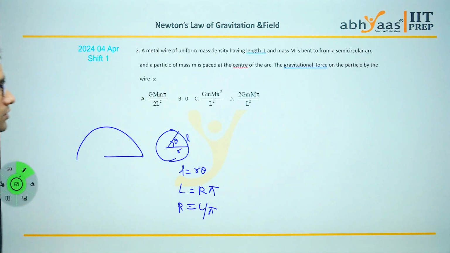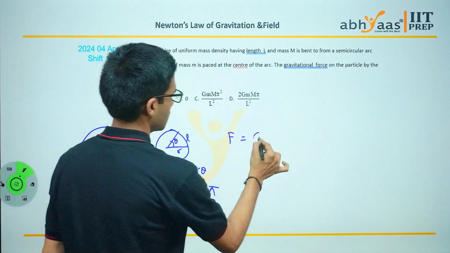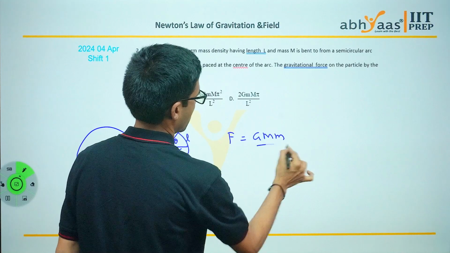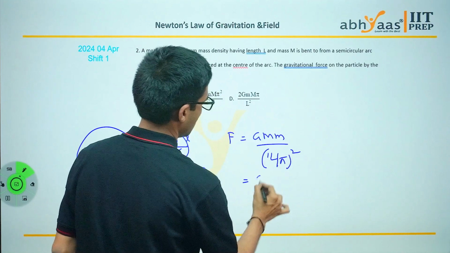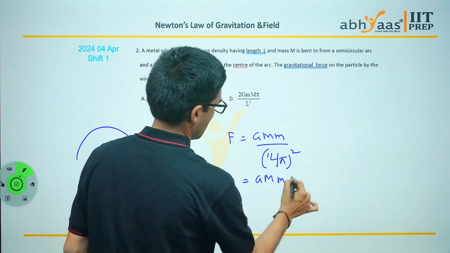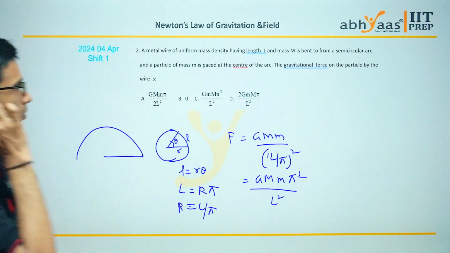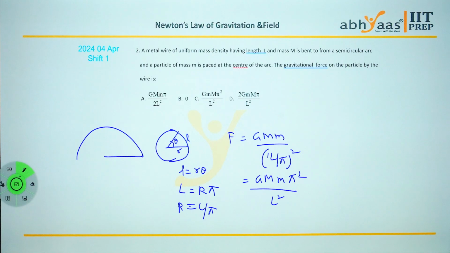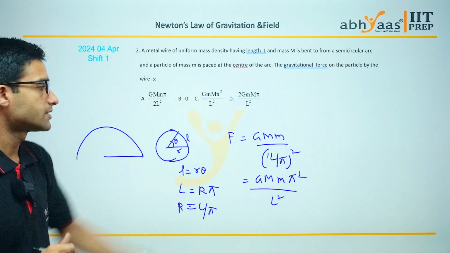So how to calculate the gravitational force? That is F equal to G capital M small m by R square. If you write R as L by pi, you will get G capital M small m pi square by L square. Here a particle of mass m is placed at the center of the arc.